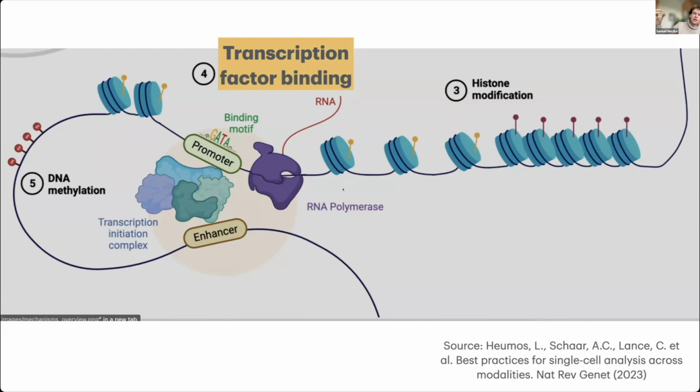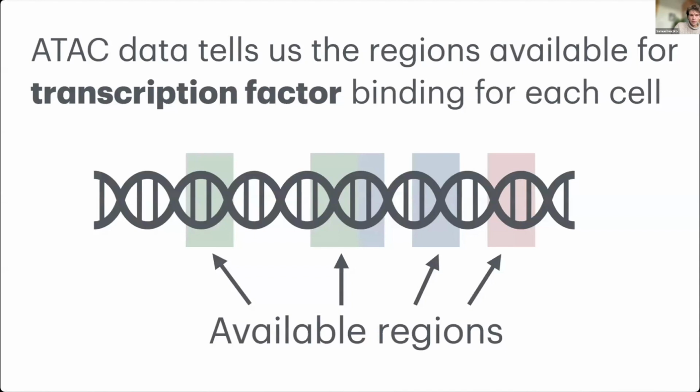However, for a gene, enhancer or promoter region to be active, to be available for a transcription factor to bind to it, it needs to be unwrapped, or genetically available. And this is the data I'm working with.